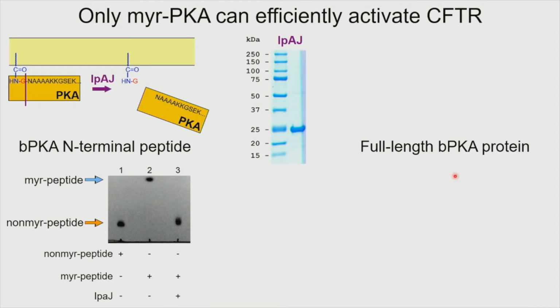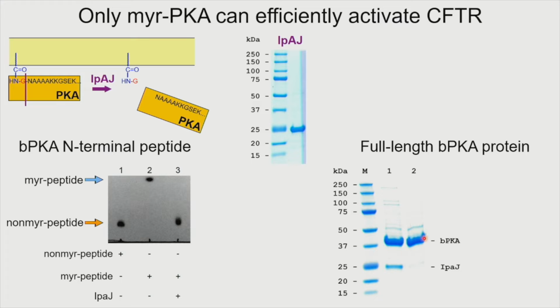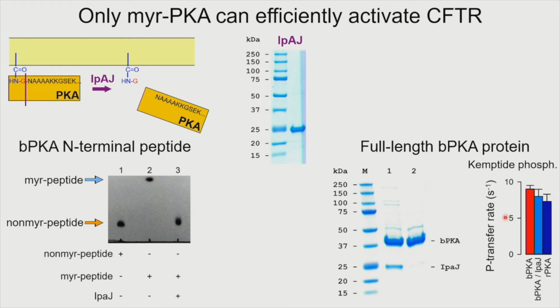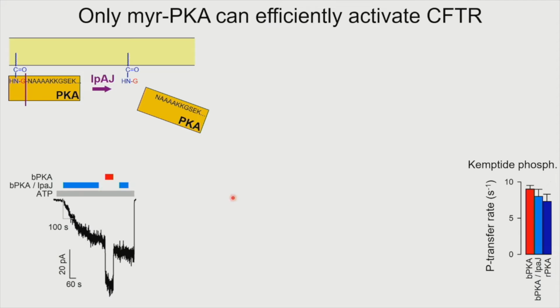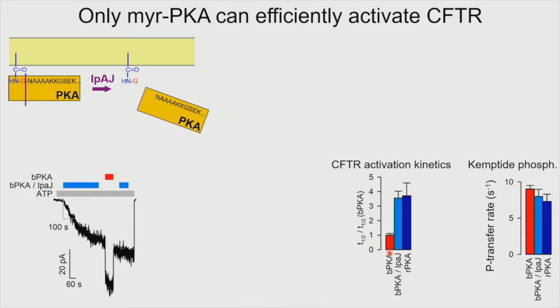We then incubated full-length native bovine PKA enzyme with EPA-J and again purified the PKA from the mixture. This EPA-J treatment did not affect the activity of the bovine PKA towards soluble Chemtide, but when tested in inside-out patches, we found that EPA-J treated bovine PKA can again activate CFTR currents only very slowly, about fourfold slower than the untreated enzyme, so about equally fast as the recombinant enzyme.